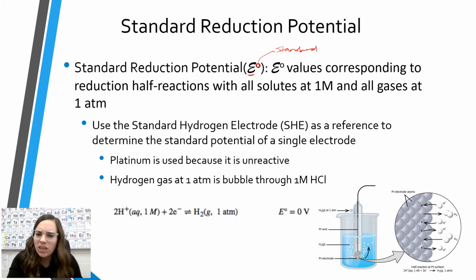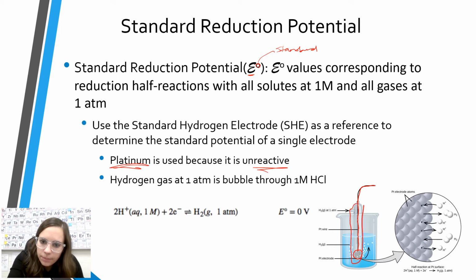And so you can't have a solid electrode of gas. So instead, what they use is they use a platinum electrode, because we've got to have metal, attached to a wire so the electrons can flow through it. So we use platinum because it's totally unreactive. And then you'll notice that platinum electrode attached to the wire is inside of a tube that we bubble hydrogen gas through.